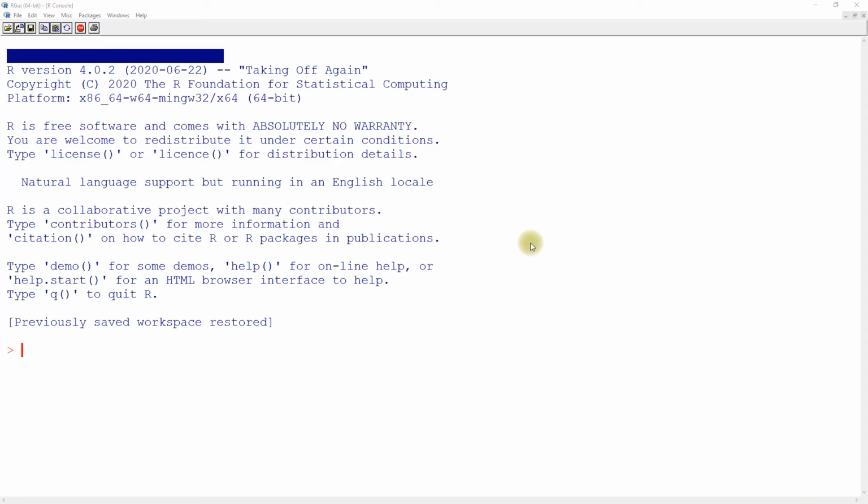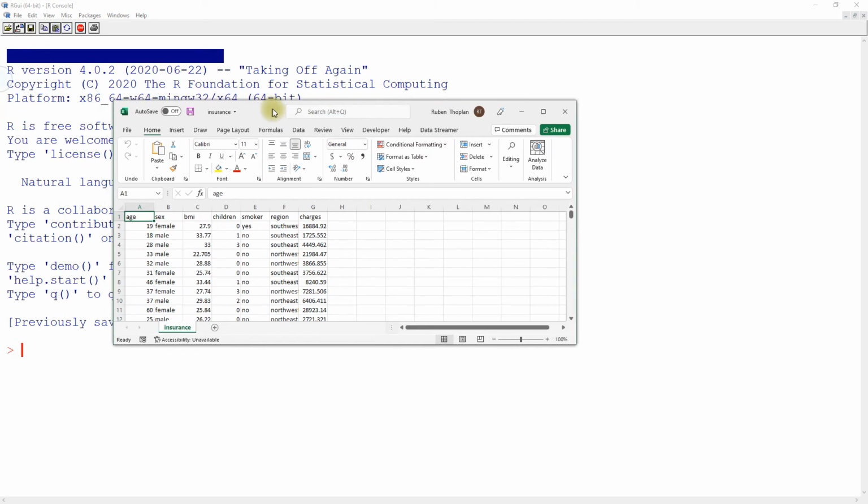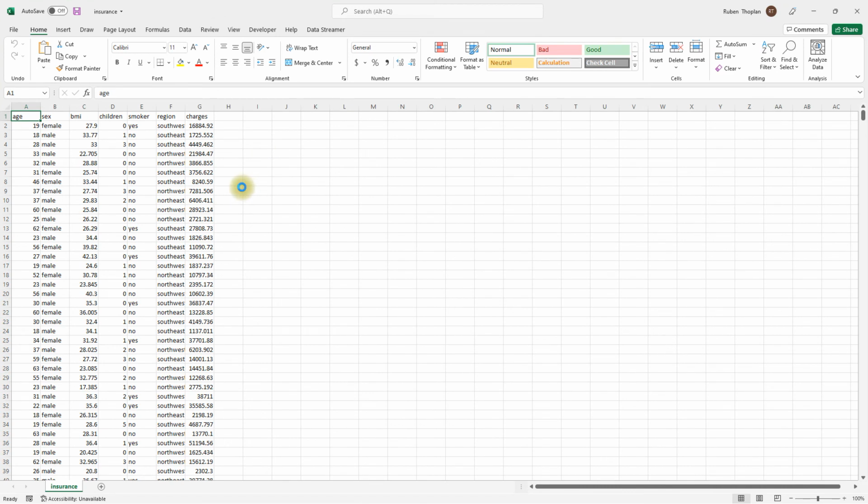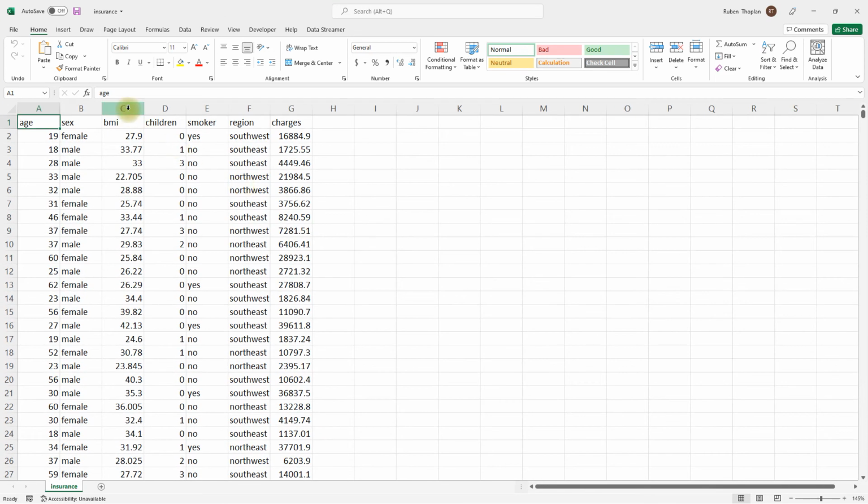We will start by drawing the QQ plot, a rather simple QQ plot that is available in R for the normal distribution. And we are going to have a look at the data set that is available on Google Classroom, not in R. This is a data set that I've called the insurance data set, and we want to see whether BMI really follows a normal distribution or not.